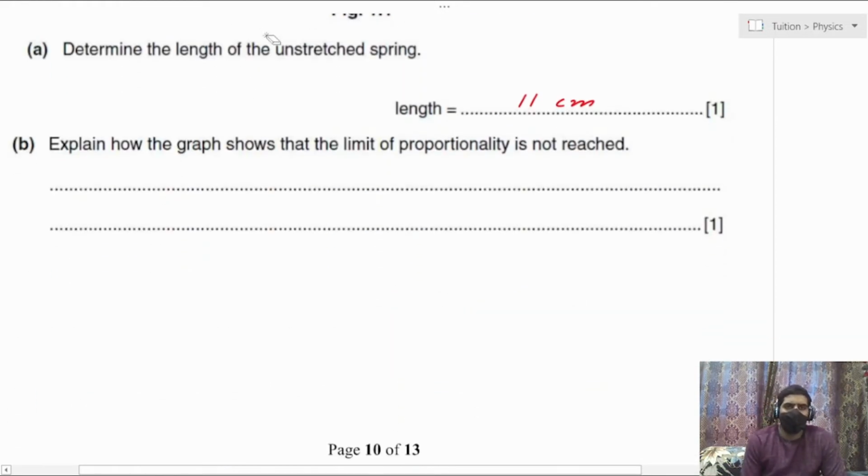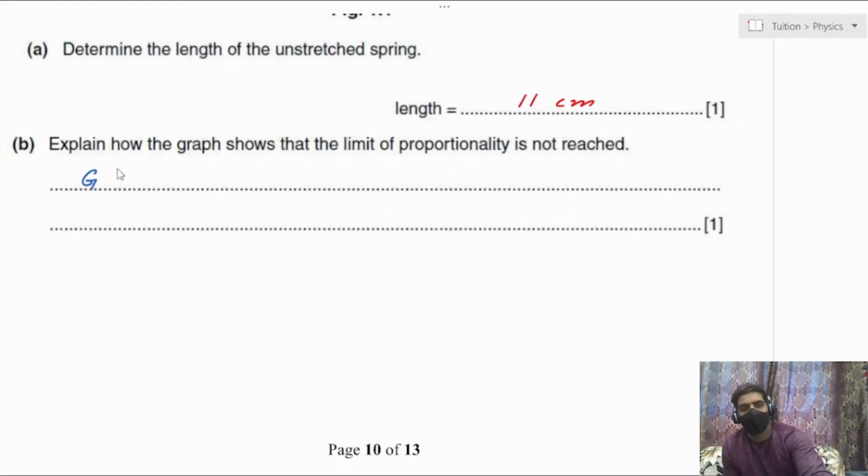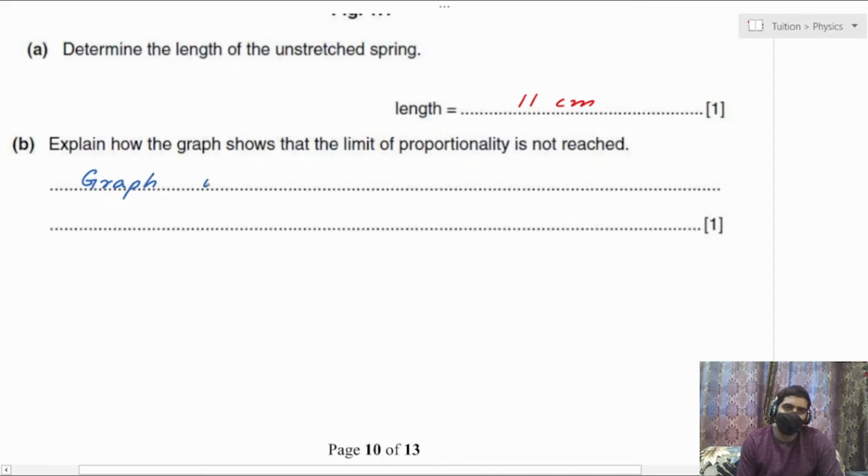So how does it show that it has not reached the limit of proportionality? A straight line. If you want to add something, you can, otherwise that would be enough.